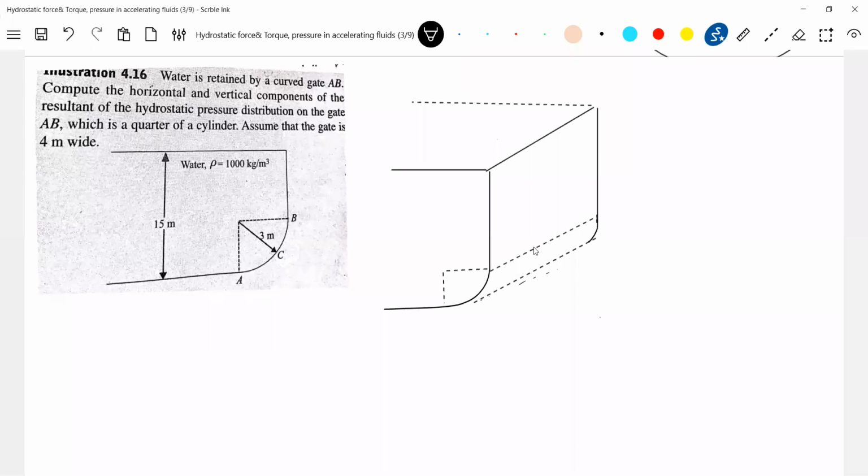There's a gate. So what is the gate? The gate is this particular thing, AB. Only the quarter cylinder will come. I think you take a rectangular box, and if curved edges are there, it is asking only on that rectangular part.